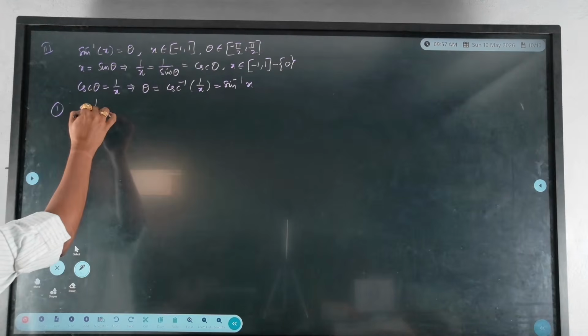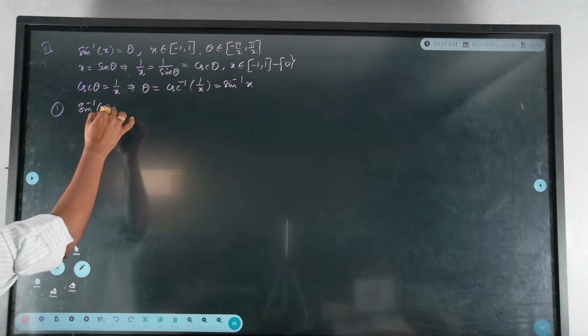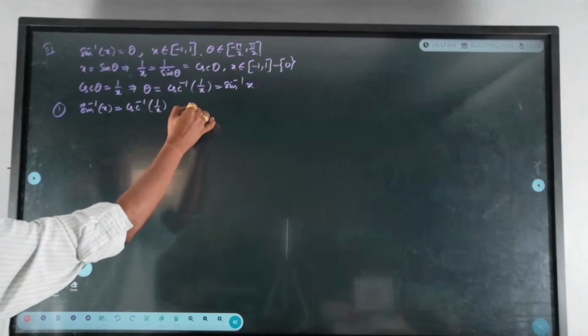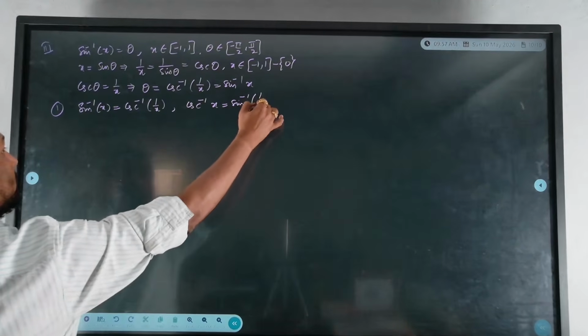So sine inverse of x is equal to cosecant inverse 1 by x. Cosecant inverse x is equal to sine inverse 1 by x.